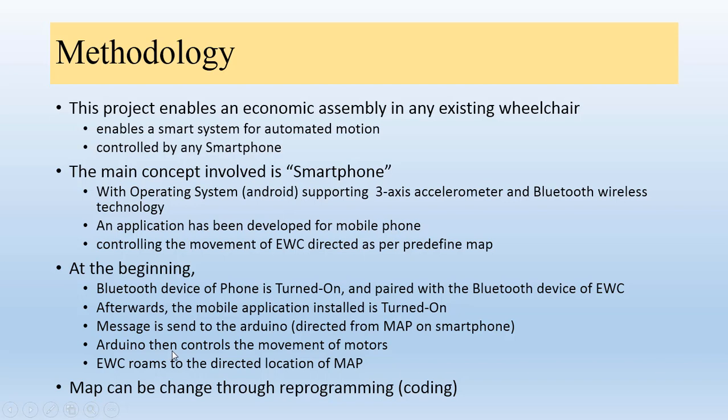Arduino then controls the movement of motors of electric wheelchair. Consequently, electric wheelchair roams to the desired location directed by map. This map in our app can be changed through programming.